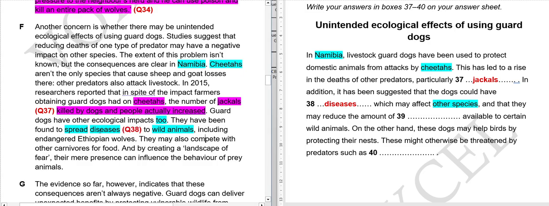Okay, now I have to do this also. Why is it in this color?